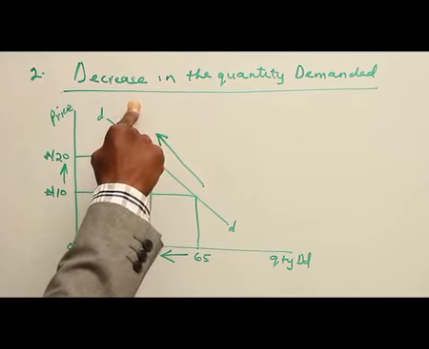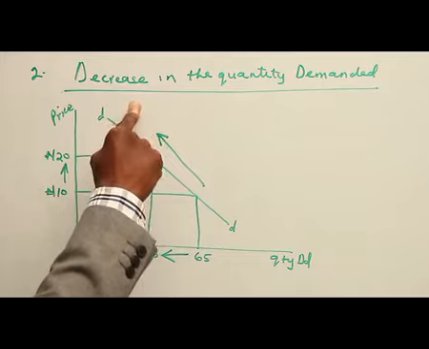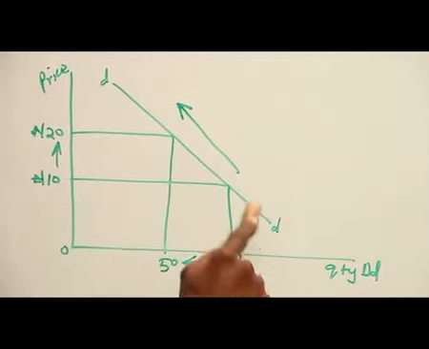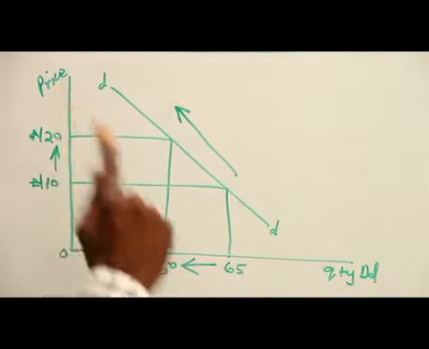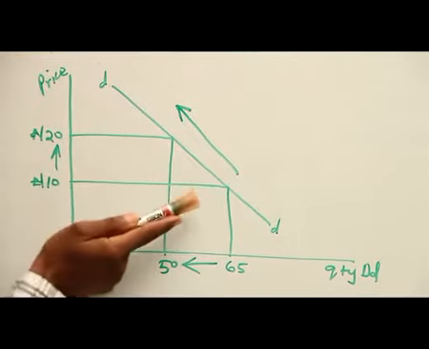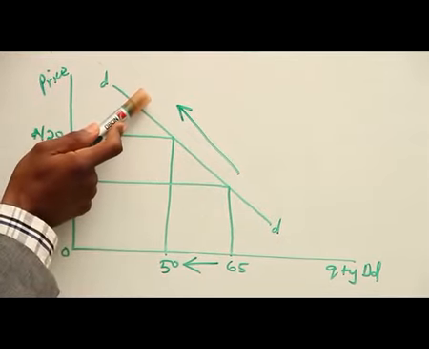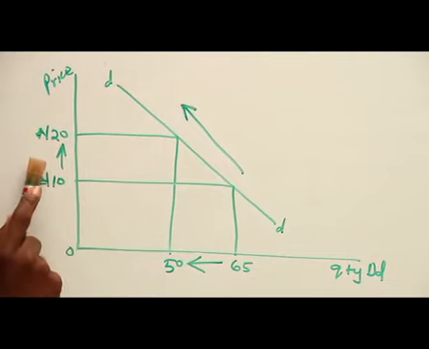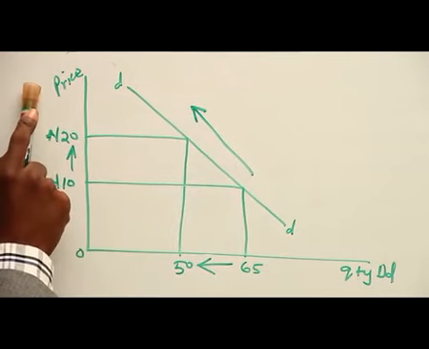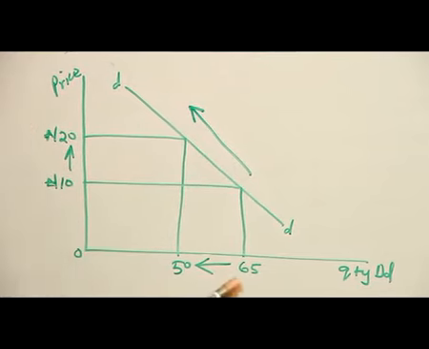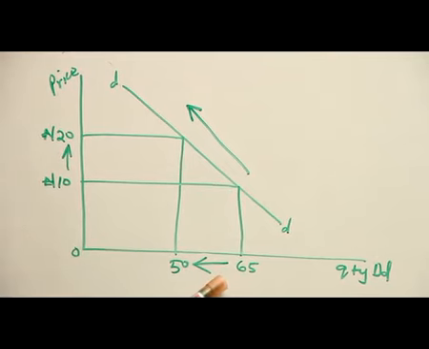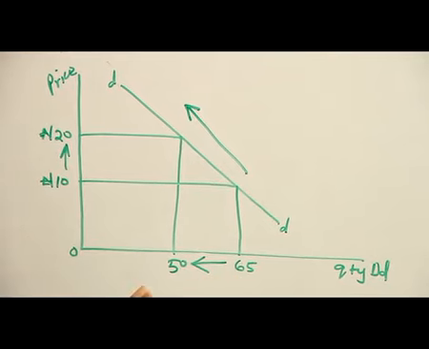This indicates that whenever we have a decrease in quantity demanded, there will be an upward movement along the demand curve, as we can see from this. The arrow indicates an increase in price, and the arrow on the quantity axis indicates a decrease in quantity demanded.